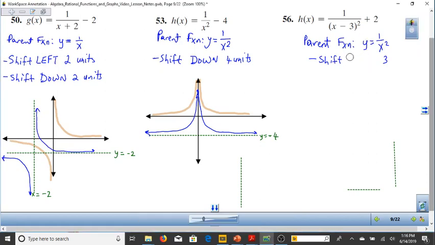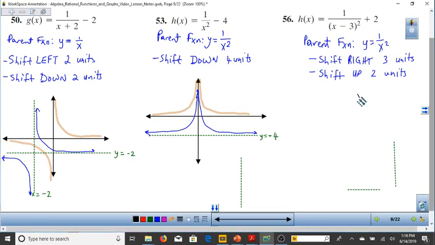I'll write that in caps. And we're shifting the graph up 2 units. So, once again, I will draw my grid.